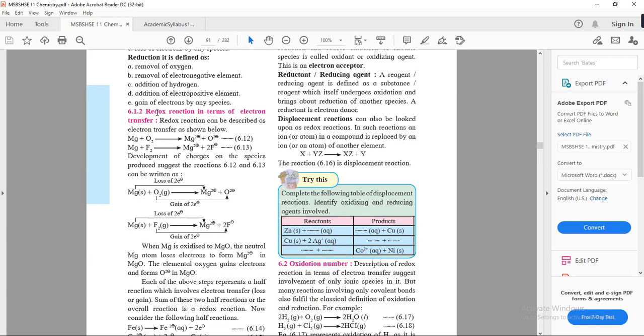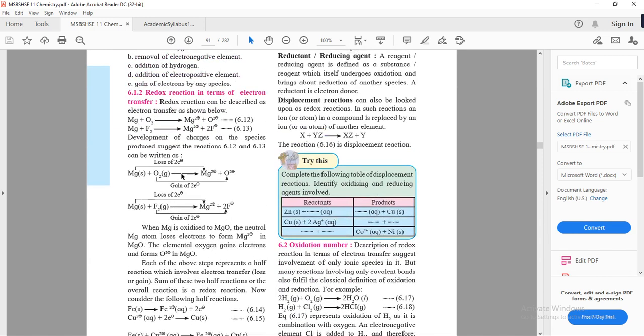So we move to 6.1.2, redox reaction in terms of electron transfer. So yes, the definition: gain of electron is reduction, loss of electron is oxidation. If there is a loss of electron, the positive charge will increase.